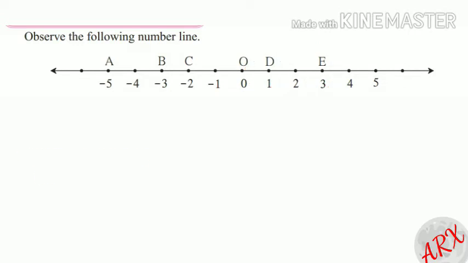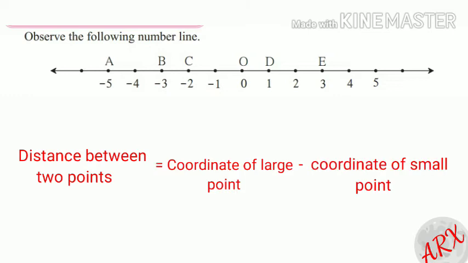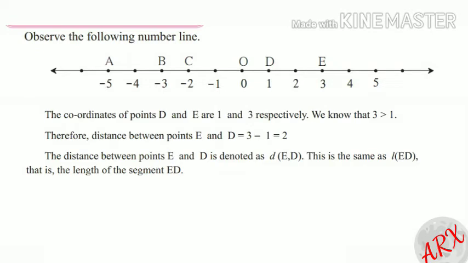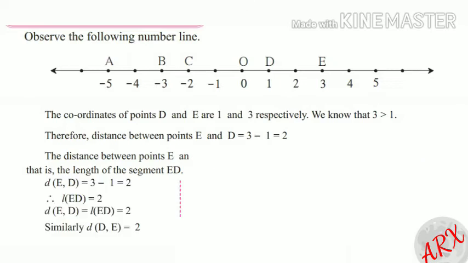If we want to find the distance between these points, we have to subtract the smaller coordinate from the larger coordinate. So, we have to subtract 3 minus 1. So, we write distance between these 2 points, d(E, D) equal to 3 minus 1 equal to 2. It is the same as length ED equal to 2.